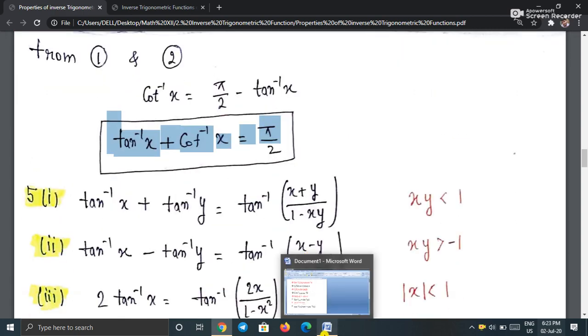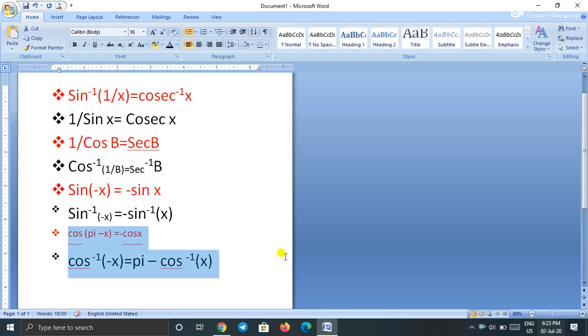See, you have studied tan x is equal to cot of pi by 2 minus x, right? Tan x is equal to cot pi by 2 minus x.